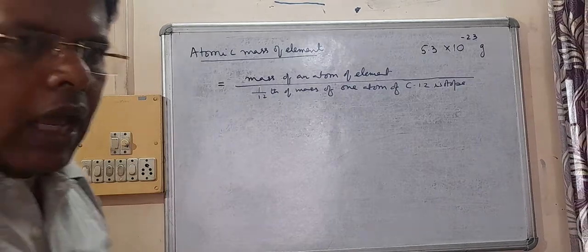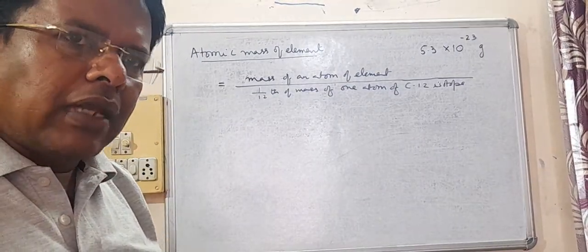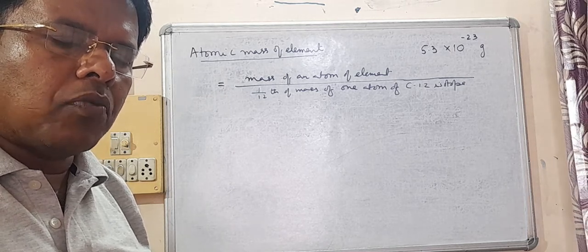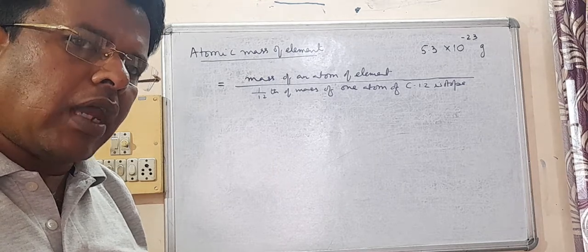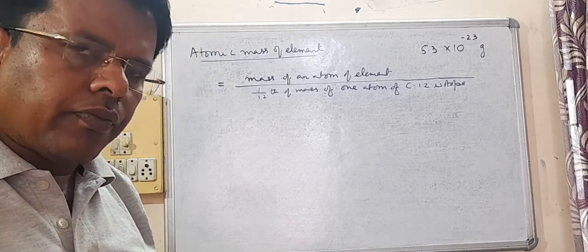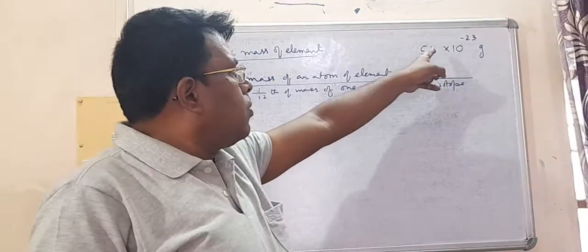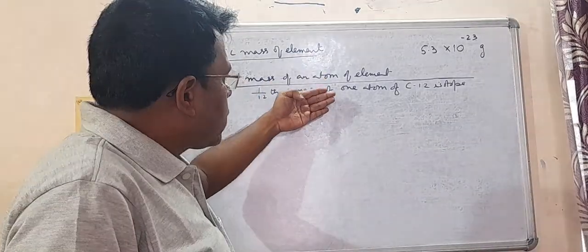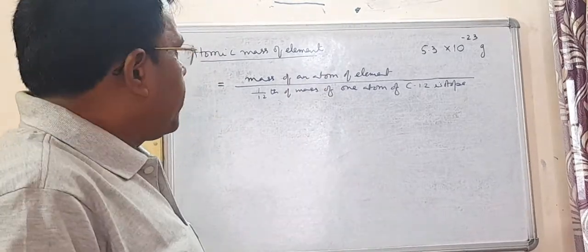Suppose an ant is very small, but that very ant, if you compare it to microorganisms, say virus or bacteria, then the ant is huge. The same way, an atom of an element which is very small, we are comparing with another atom also very small, then this value will be big.